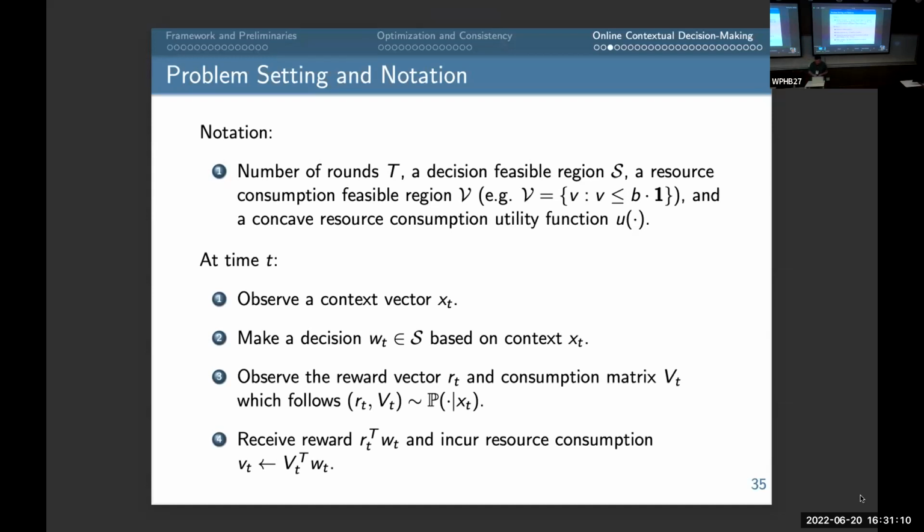Then we observe a reward r_t and a consumption matrix v_t, which come from some conditional distribution given the context. And then finally, we incur the reward based on the r_t that we observe.